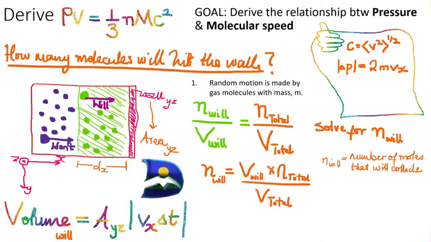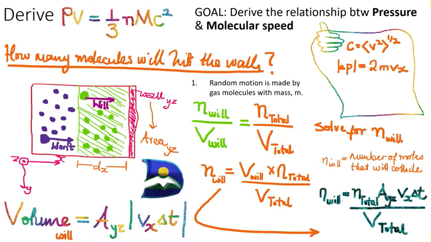Since our volume expression shows the same relationship with the area, the velocity, and the time, we incorporate that into the expression, and we get our new expression for the number of moles in terms of not only the area but also the velocity, the time, and the volume.